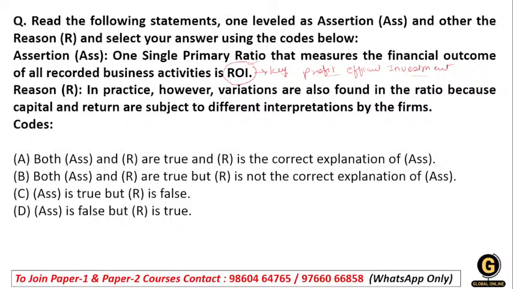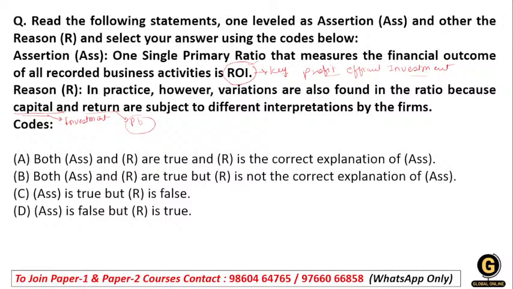So differently interpreting them leads to variation in the ROI calculation. Capital is nothing but what you have invested in the particular project, and return is the profit which you will get from that investment.